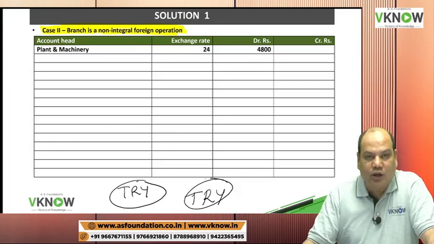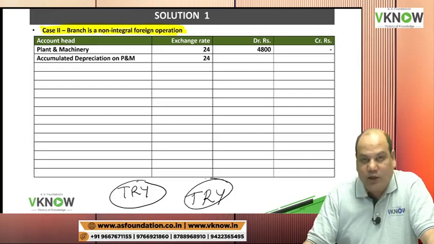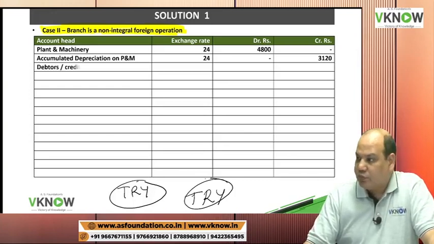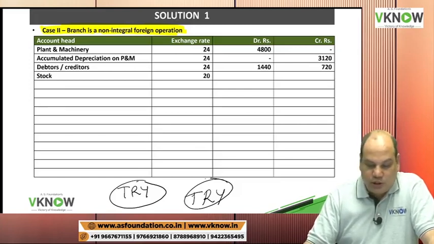Everything at closing rate, assets and liabilities at closing rate, accumulated depreciation also 24. 24 into 130, 3120. Debtors and creditors, same figure, copy from integral. No need to calculate again.